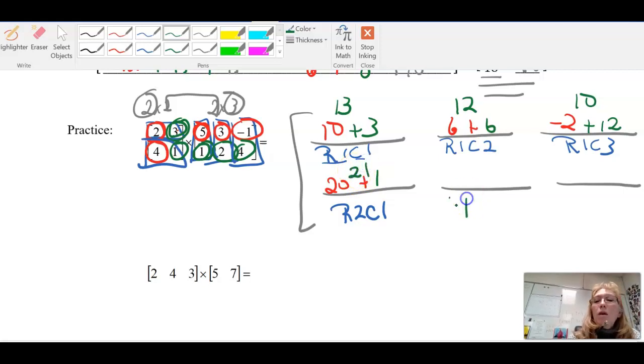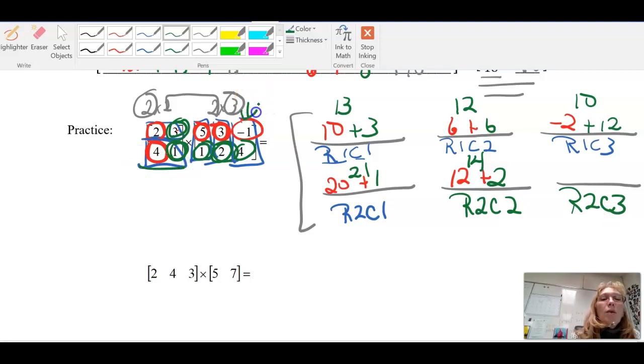Now we're doing row 2, column 2. So row 2, 4 times 3, which is 12, plus 1 times 2, which is 2. So this guy is 14. Okay, now you're doing row 2, column 3.